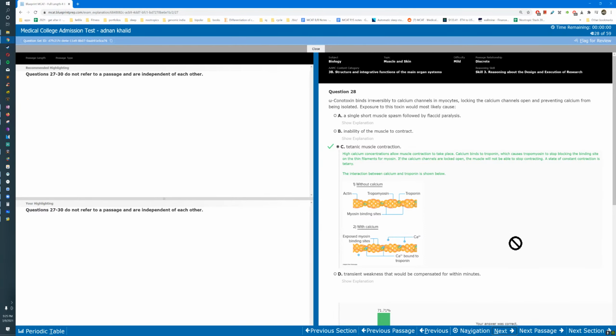This one, looking at kind of the opposite things. This is like just one short muscle spasm and then nothing. Inability for it to contract is just straight up nothing. Transient weakness, compensated, that's like nothing for a little bit, but it's back to normal. This means it's just constant contraction.